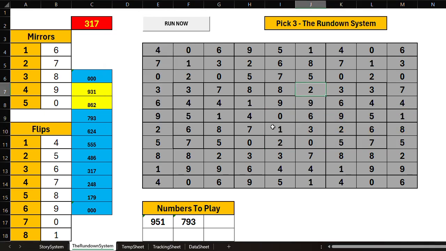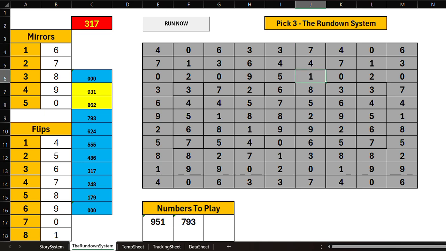Plus I confused myself with this. But still 317 rundown. So let me try something here. Oh man, it's already time up. Okay, so let's see. I'm gonna try something here real quick before I let you guys go. So let's put this 337 here.